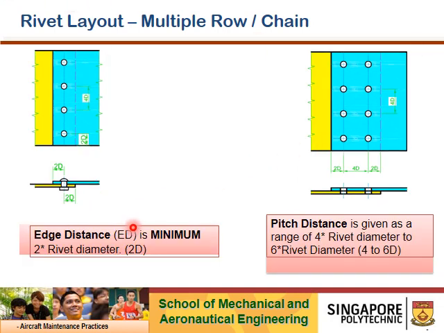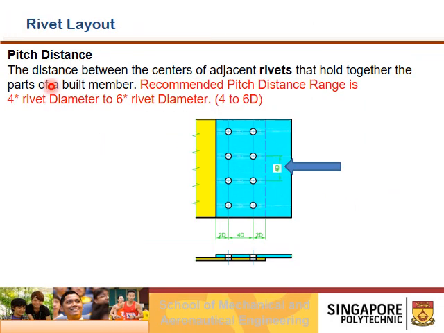Do take note that the edge distance is a minimum of 2 times the rivet diameter used. And the pitch distance is given as a range of 4 times the rivet diameter to 6 times the rivet diameter. In short, it's 4 to 6 times the diameter of the rivet used. What is pitch distance?